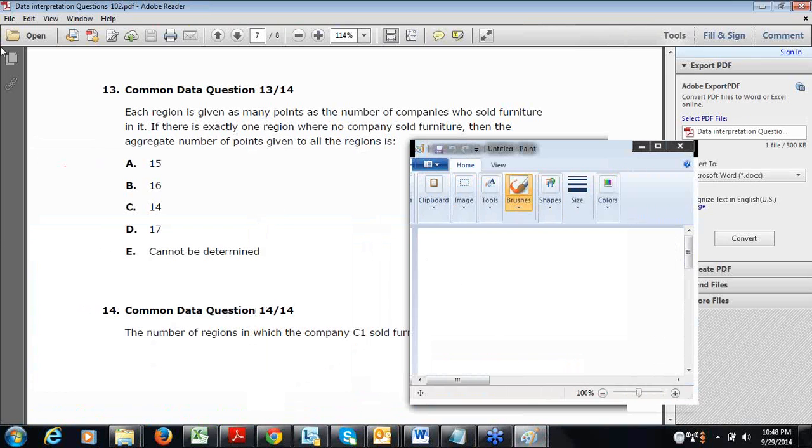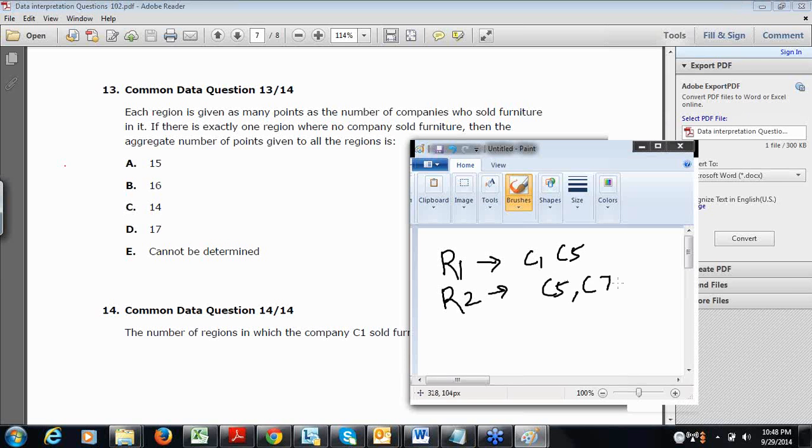Now there is one region R1. R1 has C1 and C5. There is a region R2 which is C5, C7, C3 and C8.